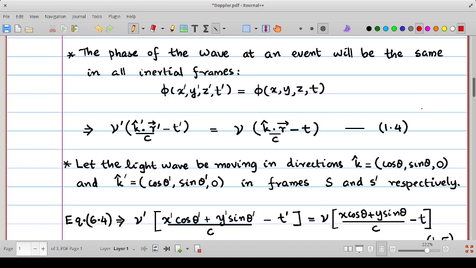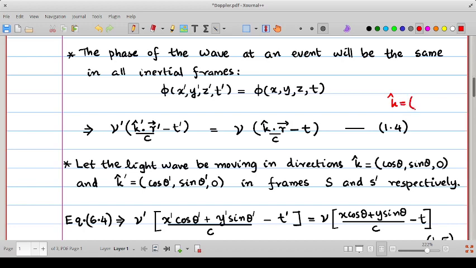And since we have assumed that the k vector lies in the xy plane in S, it will lie in the x'y' plane in the S' frame as well. So now the unit vector k can be resolved into its components.